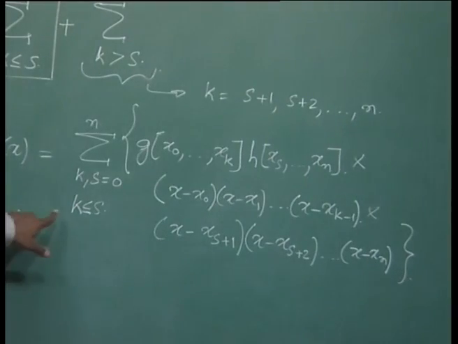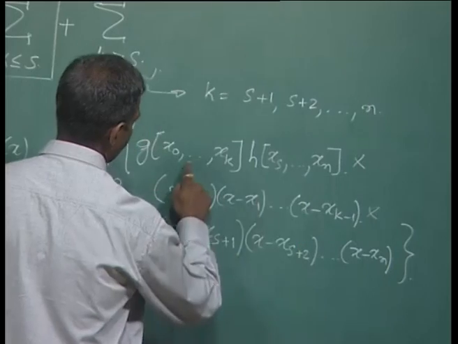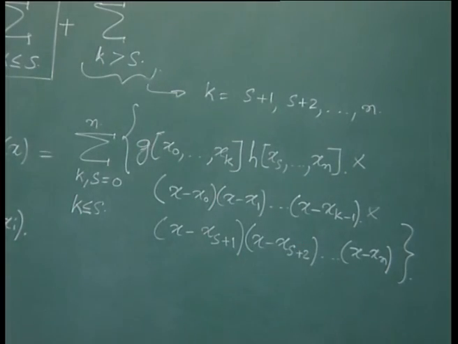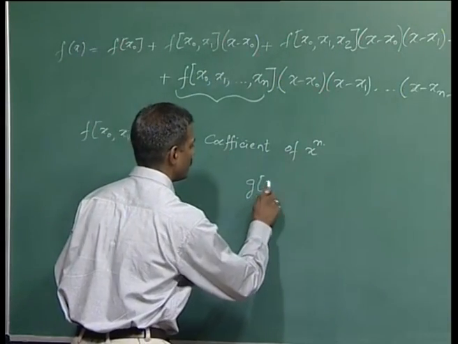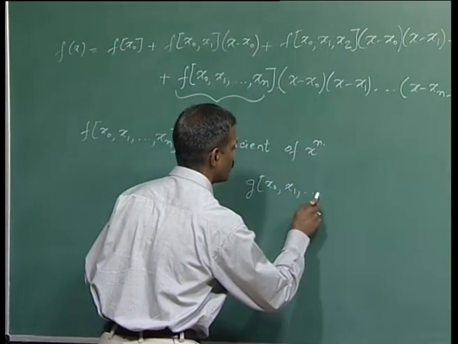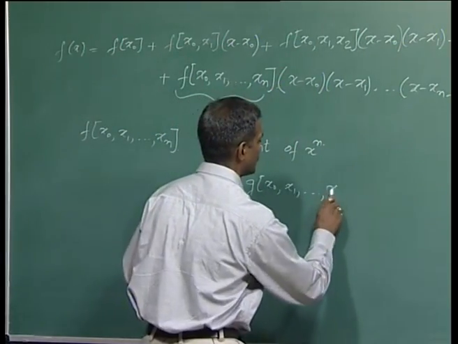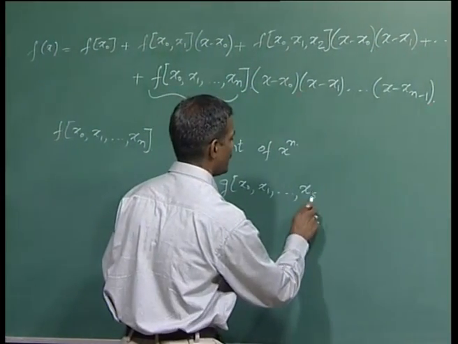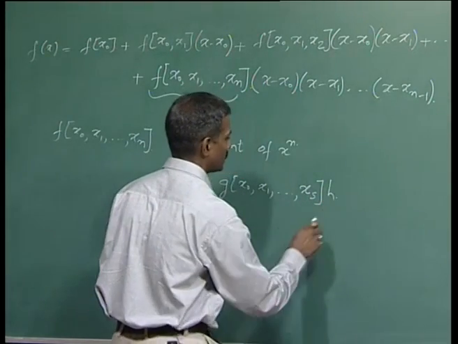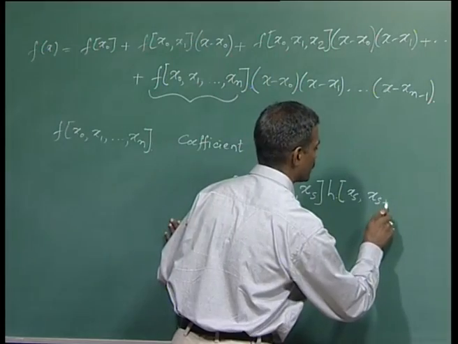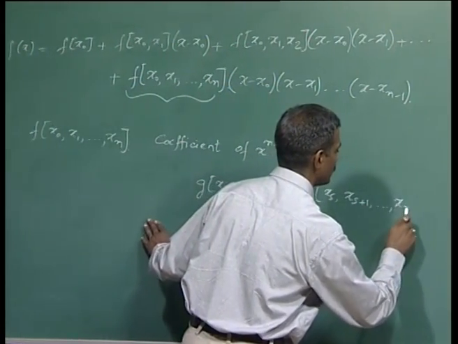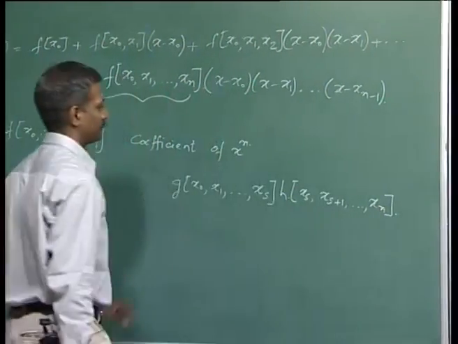So, we set k equals s, then this coefficient becomes g[x0, x1, up to xs] times h[xs, xs plus 1, up to xn].